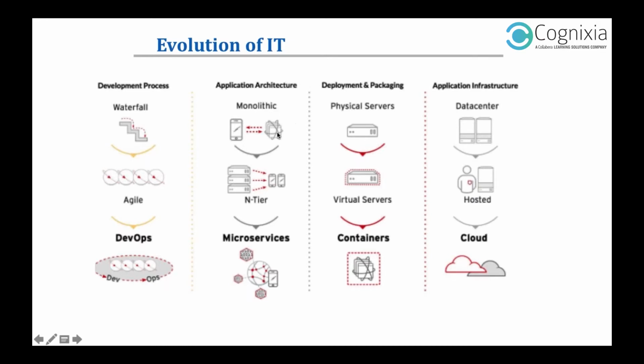And application architecture: single application in 2003, multi-application in 2008. In today's world where we stand, we have microservices, which is like when you go to any e-commerce site, right? Let's say a travel portal. There'll be one website, travel.com, written in, let's say, Java.